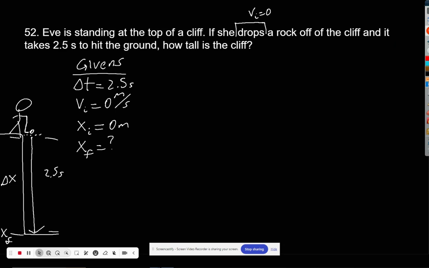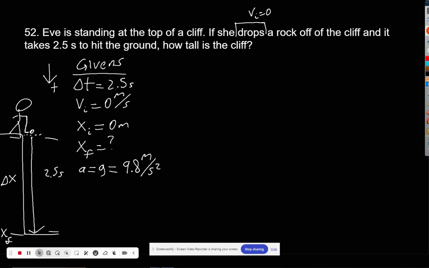Eve is probably standing on Earth, and she's dropping something on Earth, which means we know the acceleration is going to be the acceleration due to gravity, which on Earth is 9.8 or negative 9.8 meters per second squared. But I'm actually going to make it positive on this one. So I need to make a note on my work here that down is positive.